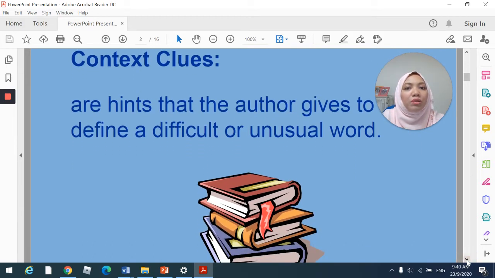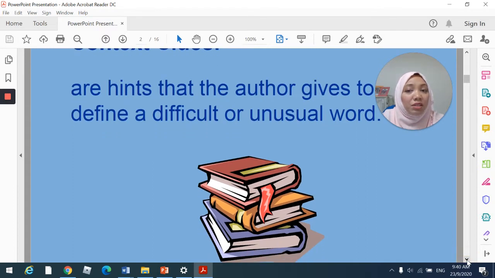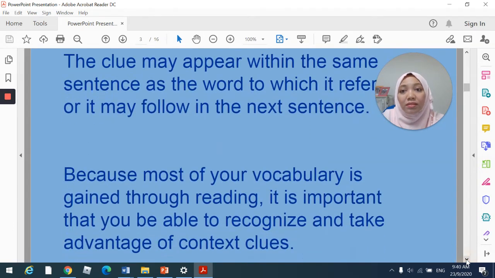So whenever you bump into difficult words, don't worry, continue reading because you will get the clues to understand the words. The clues may be within the same sentence or within the same paragraph, because there are different kinds of clues available. So you have to figure out as you read the text.